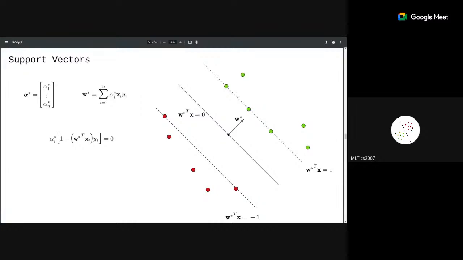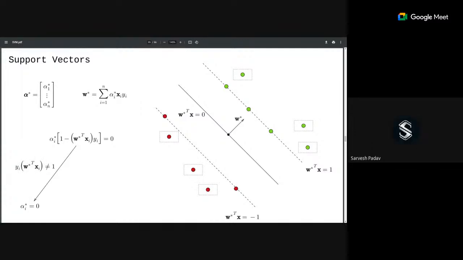Now there are two conditions. Let's look at one condition. Can someone tell me what this condition is telling us? It means that alpha I star should equal 0. So what does this condition mean, the one leading to alpha I star equal to 0?